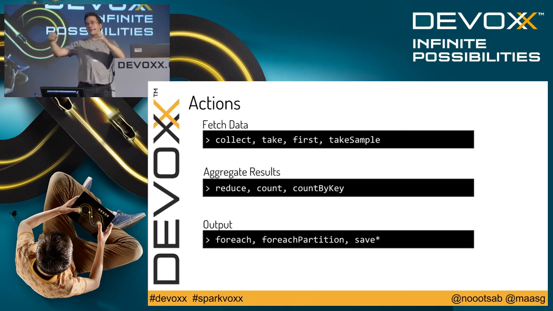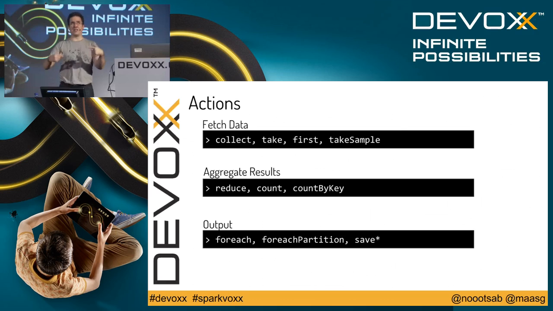Sample will take some sample data, very useful for people that are doing some statistical analysis. They just need to take a sample of a very large data set. And then you have those operations that aggregate results. You can count things, you can reduce things, etc. And output operations are to take the RDD and do something with it in bulk. So, for example, write it back to HDFS, write it to Cassandra.